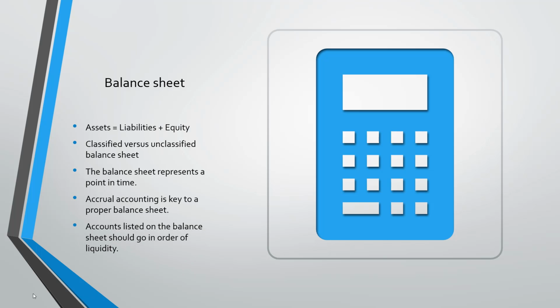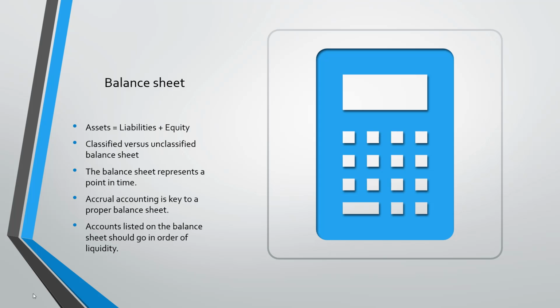When you put your balance sheet together, it is standard practice that it's listed in order of liquidity. If you've ever looked at a balance sheet, what's always at the top? Cash. Well, what's the most liquid asset you have? Cash. Then after that, you'll probably have accounts receivable, maybe a prepaid, then inventory.